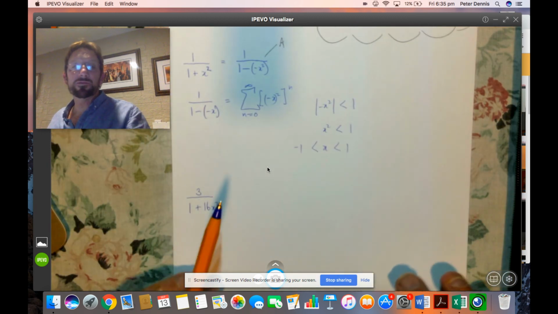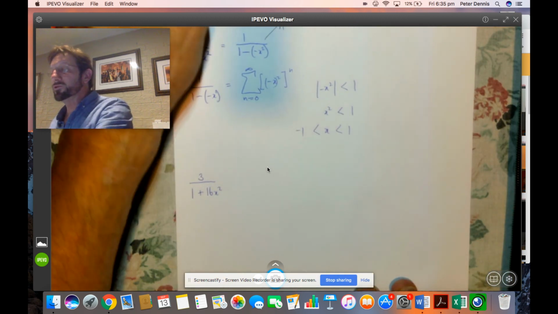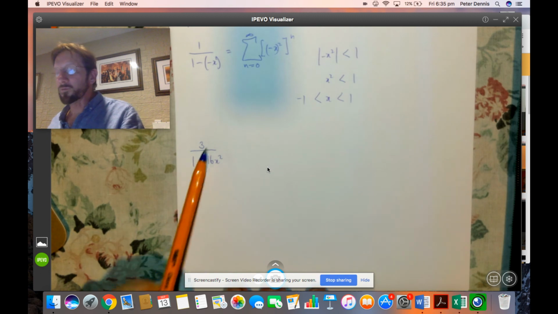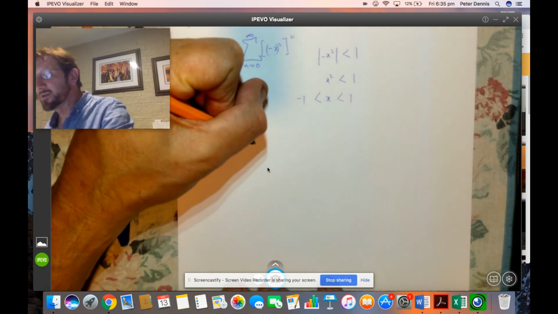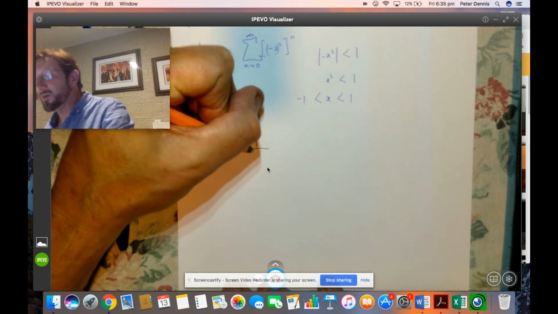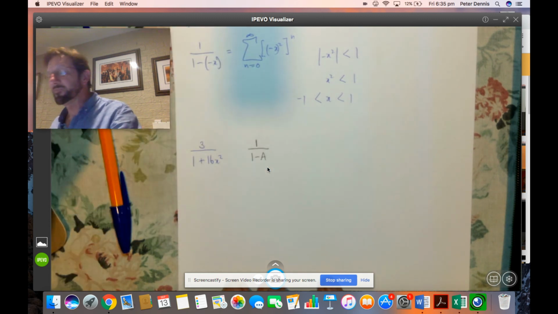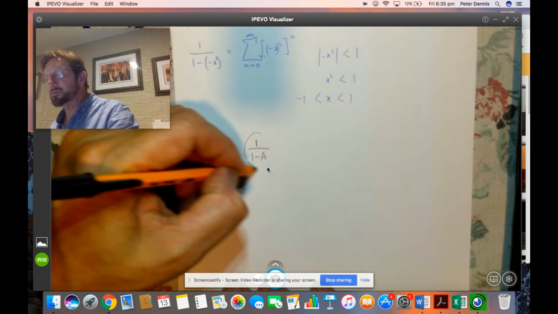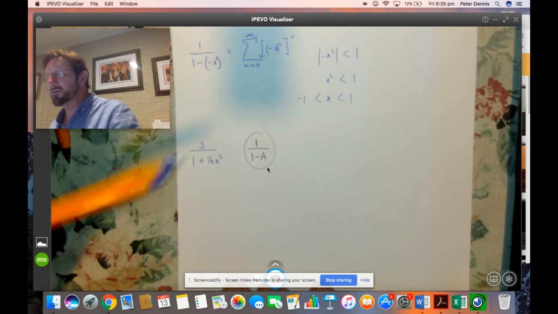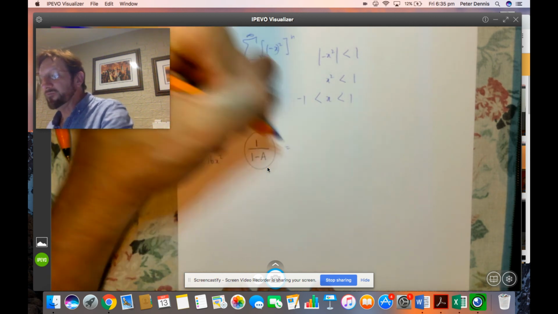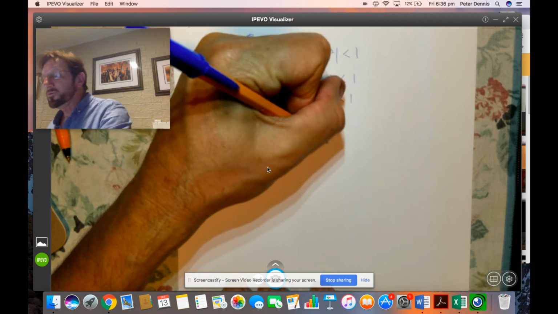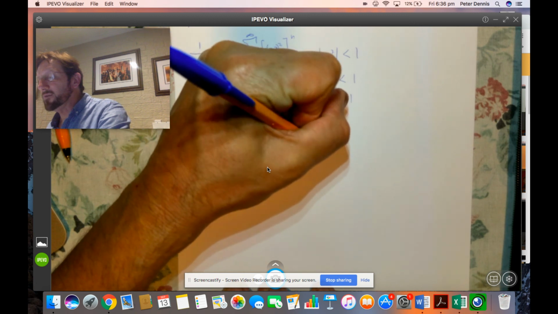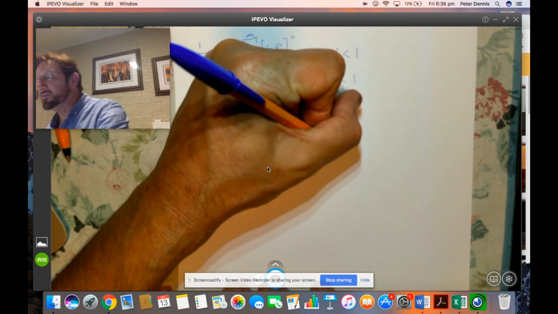So if we look at this one, a lot more difficult, a lot more tricky. We start with this. Remember what we want to write it as: in the form of 1 over 1 minus a. So what we're going to do is factor out the 3, so 3 times 1 over 1 plus 16x squared.